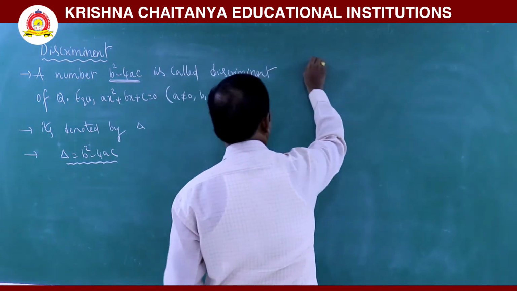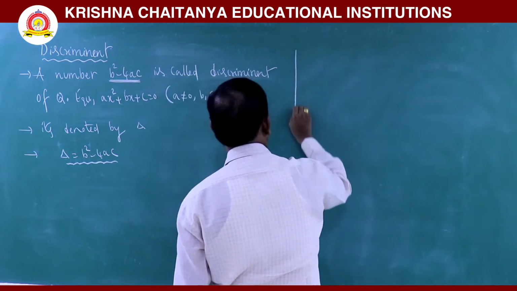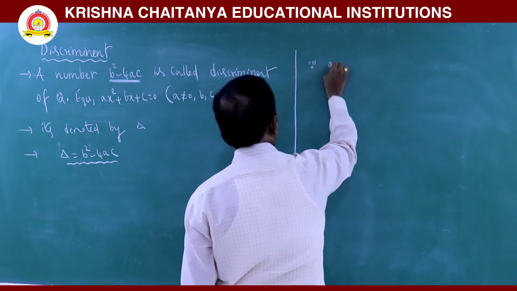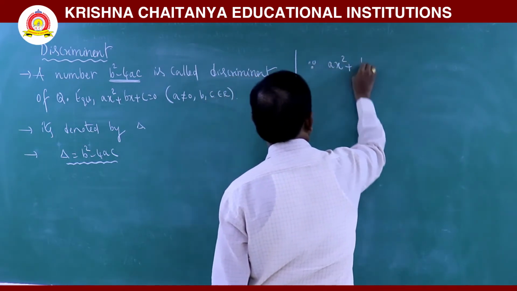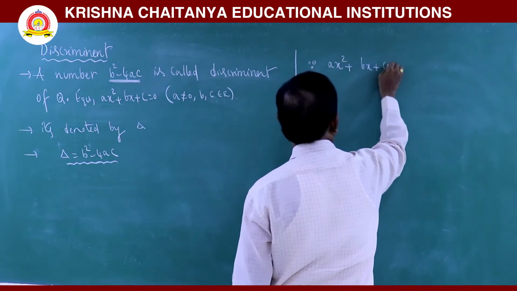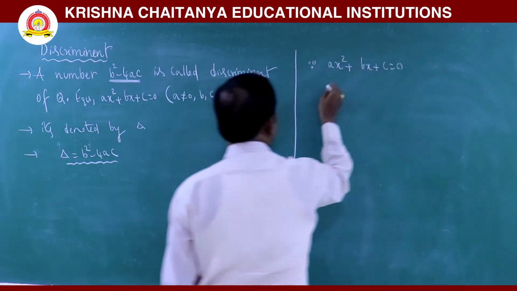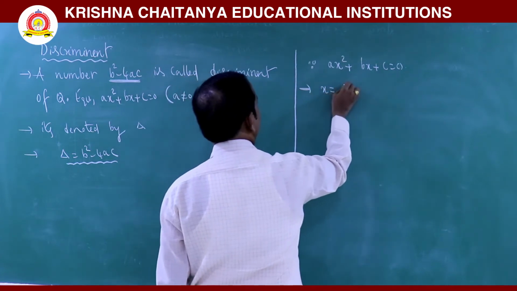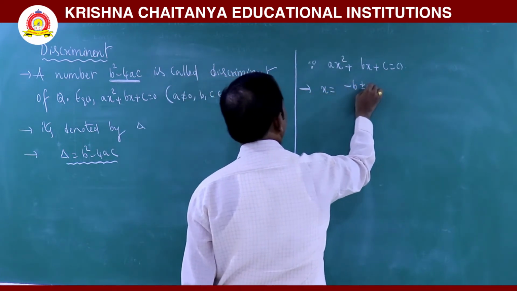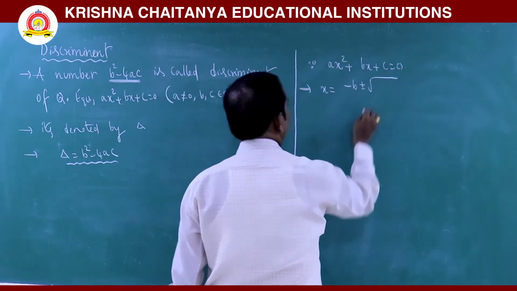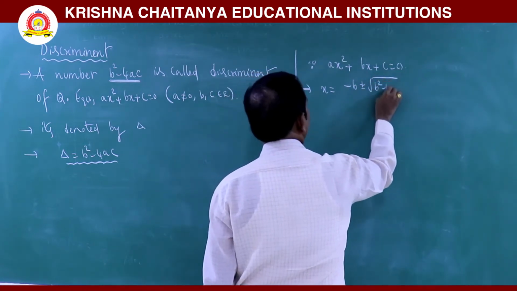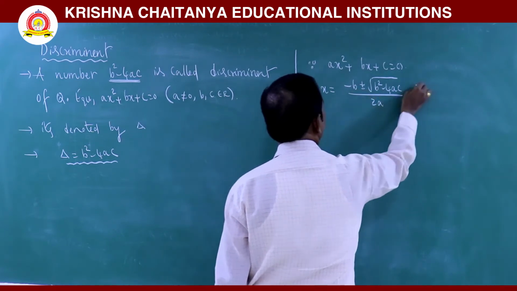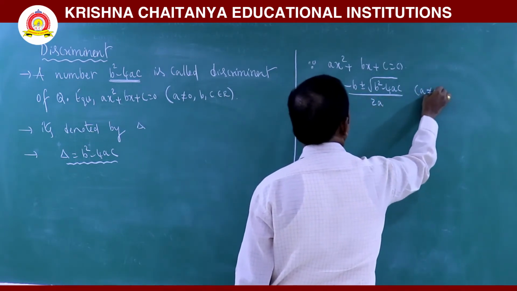We know that for the respective quadratic equation ax² + bx + c = 0, the roots are x = (−b ± √(b² − 4ac)) / 2a, in which a ≠ 0.